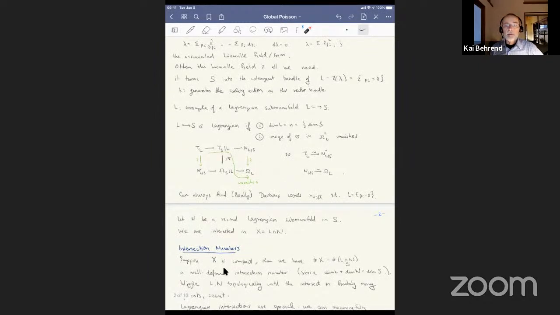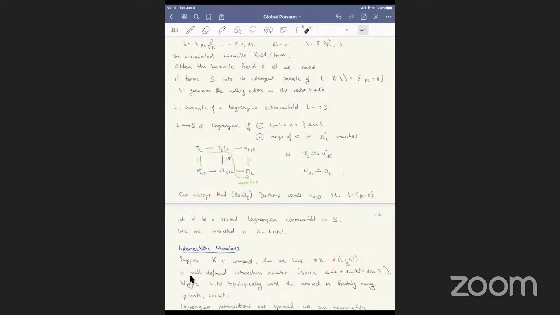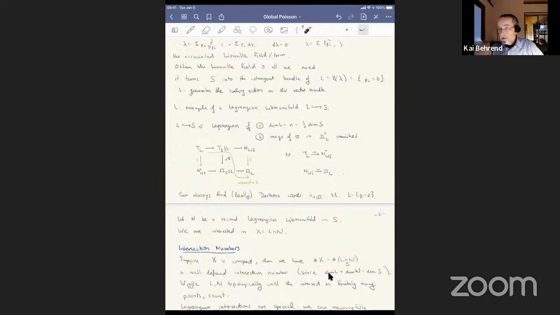So supposing this intersection is compact, then you can define the intersection number. It's like the virtual number of points of X, the number of intersection points. How that is defined is, well, it's important, of course, that the dimensions of the two manifolds you're intersecting add up to the dimension of the ambient manifold.